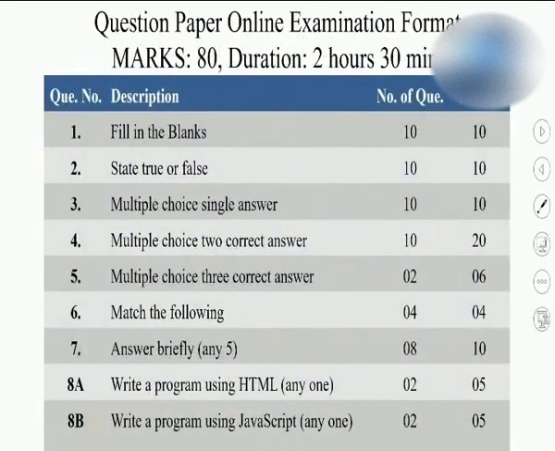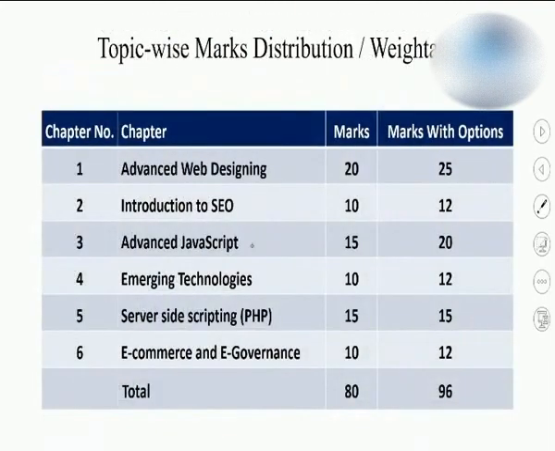Which 2 marks option? In answer briefly, you will get one extra question from SEO. From advanced JavaScript, again one program, as we just saw, will be the optional thing. In emerging technologies, again a 2 marks short answer question will be the optional thing.